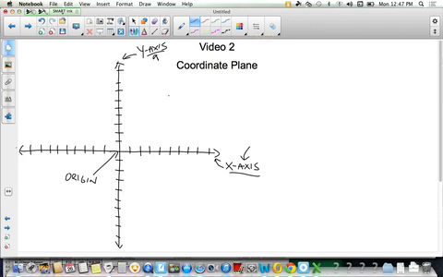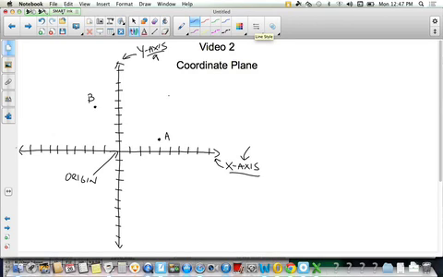So, a couple things. We need to be able to identify points on the plane. For example, I'll put a dot here. We'll call that A. And we'll put a dot here.